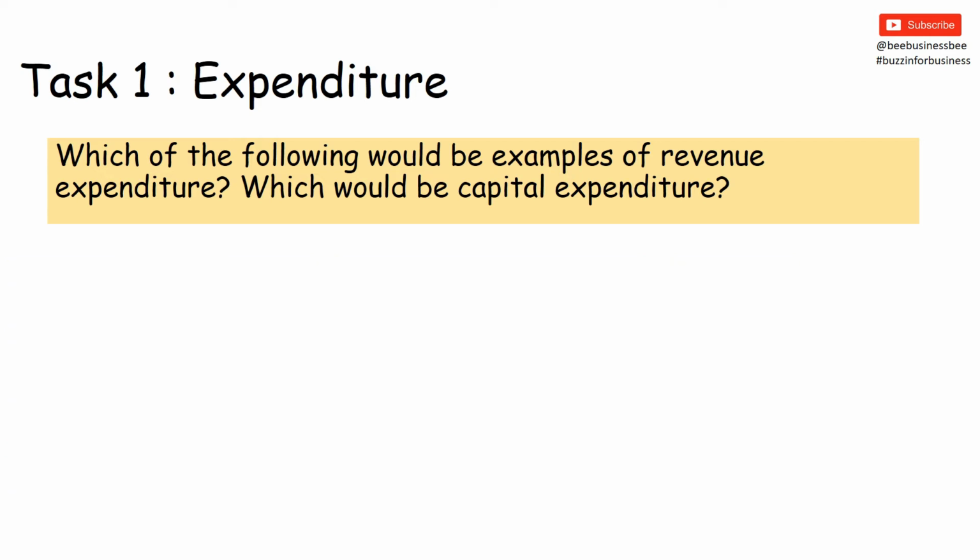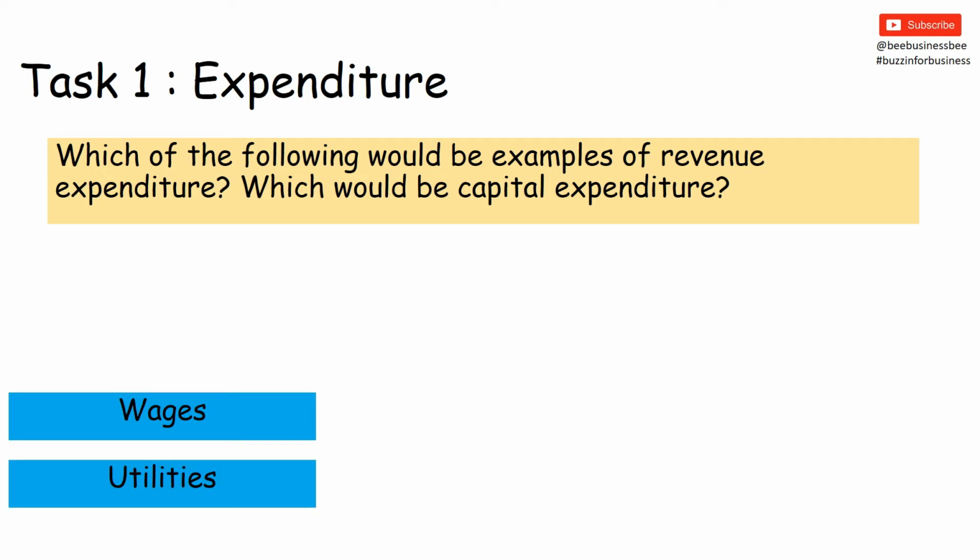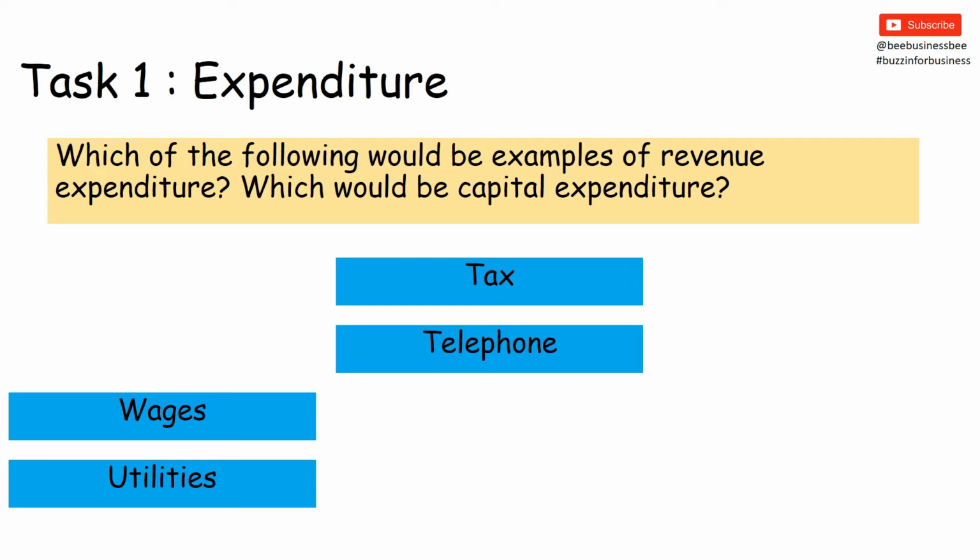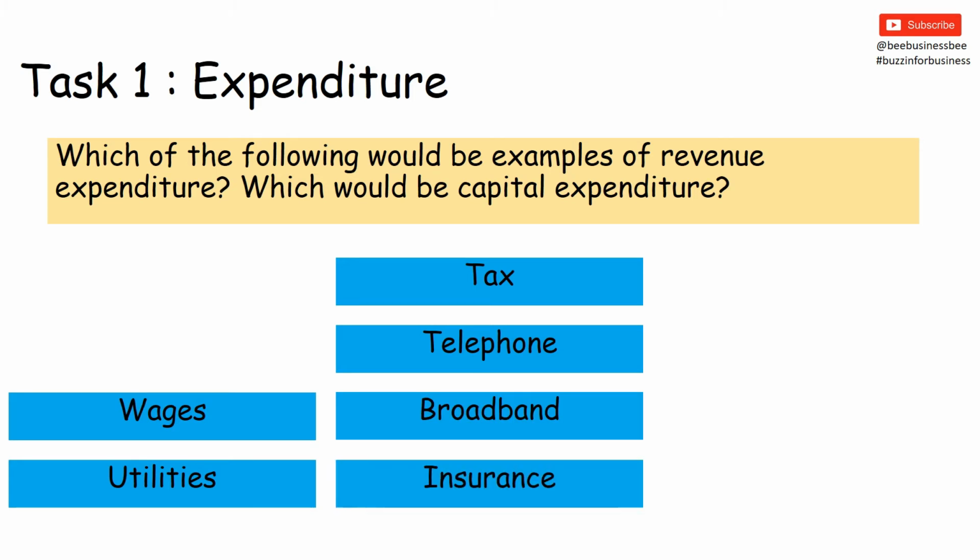Okay, right then, let's see what answers you've got. So we're going to first start with the revenue ones. Wages is an ongoing cost. Utilities like your gas, your electric and your water, for example, ongoing cost. Tax, got to be paid when your business is trading, so it's an ongoing cost. Telephone bill, ongoing cost. Broadband bill, ongoing cost.